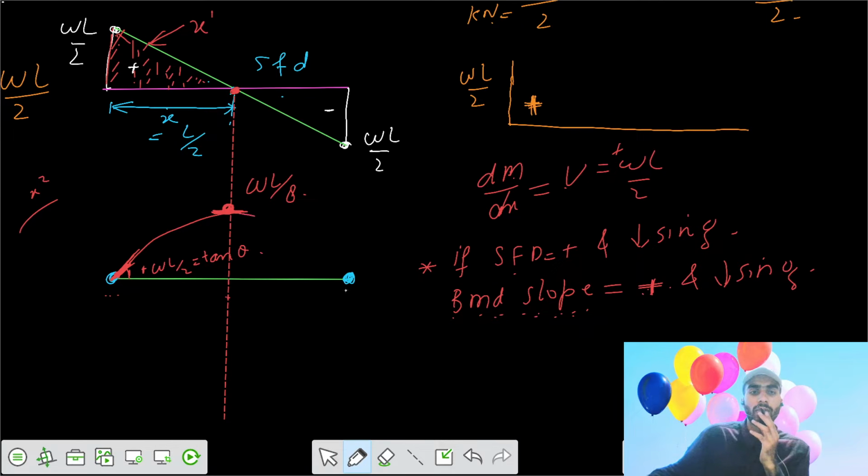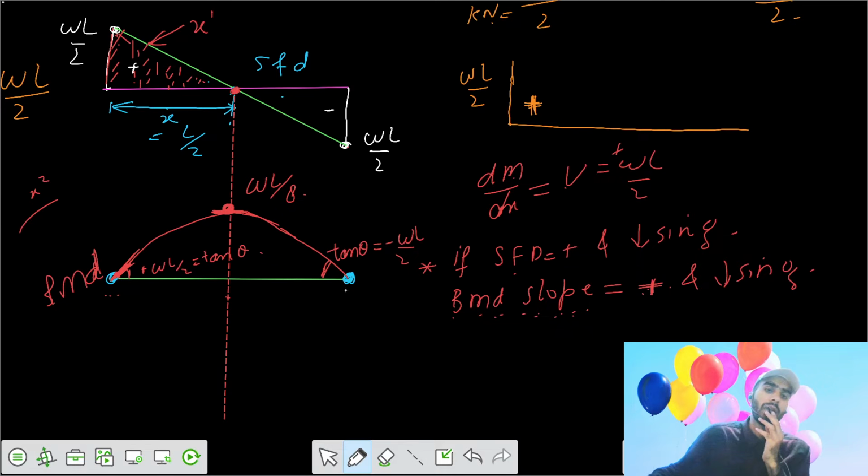Similarly, for this part, it's the same nature because the loading is symmetric. Here the slope is the shear force at B, that's tan theta equals minus WL by 2. So this is your bending moment diagram.